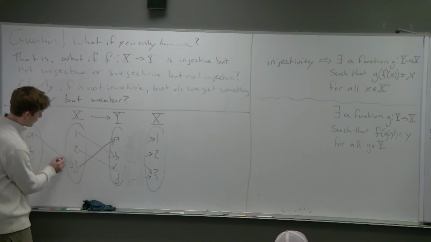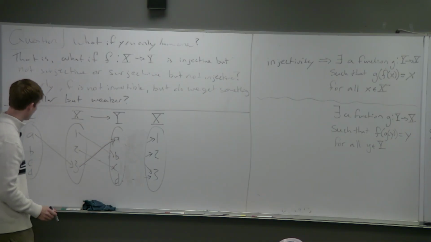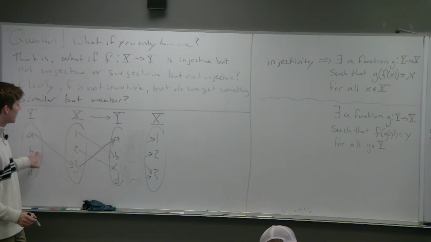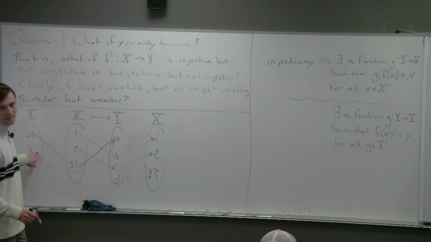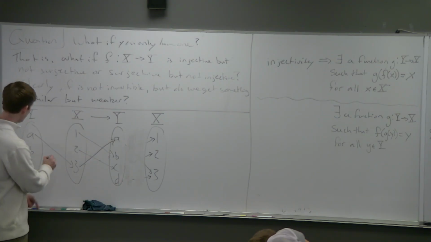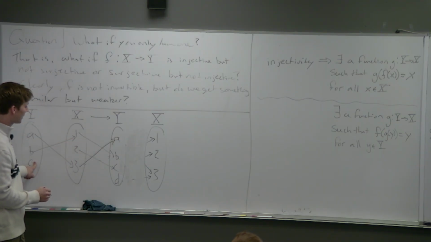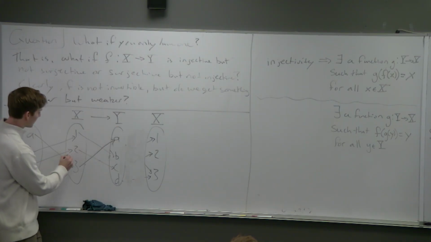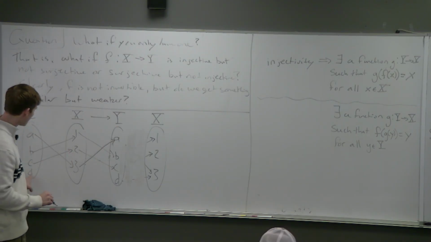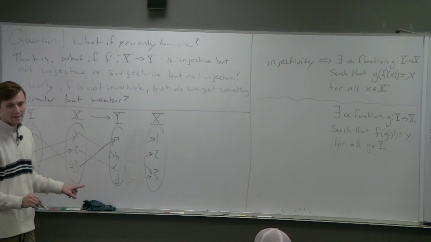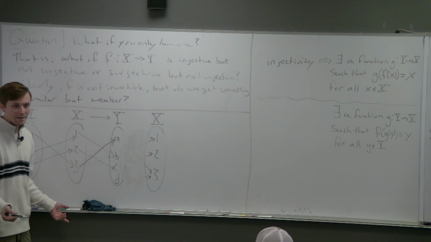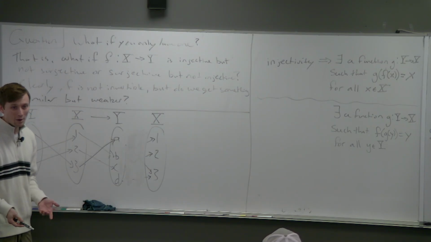I can do that, A to 3 to A. B, well, what should I take it to? I should take it to something that gets sent to B. Yeah? Okay, here's something that gets sent to B. C, I should take it to something that gets sent to C. Here's something that gets sent to C. D, I should take it to something that gets sent to D. Nothing gets sent to D. Oh no, right?